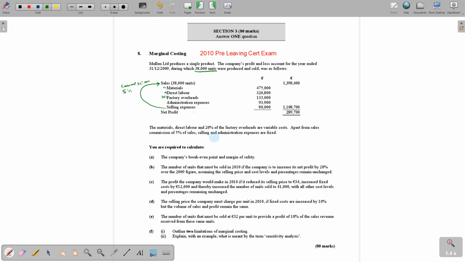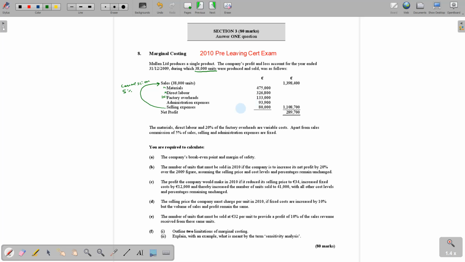Whatever is left from the selling expenses is fixed. So let's say the total selling expense is 80,000, X amount will be commission, so whatever is left is fixed. All of the admin expenses is fixed, and 80% of the factory overheads are fixed.